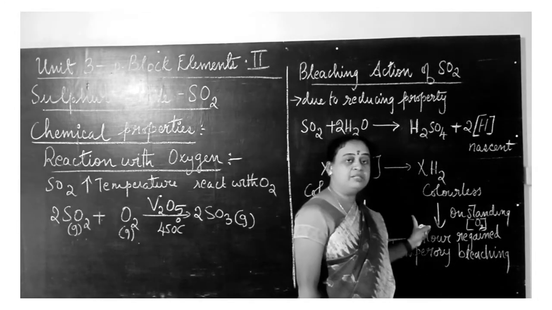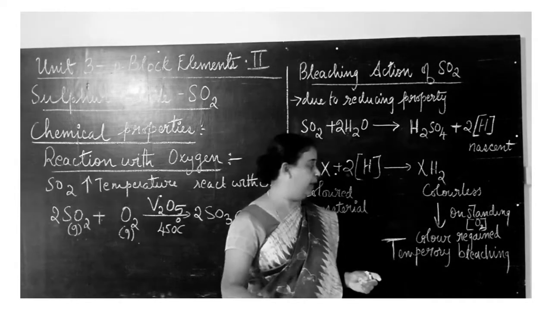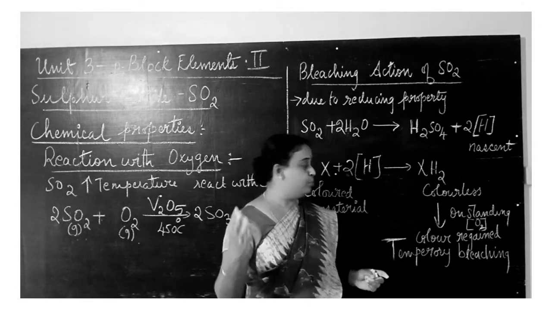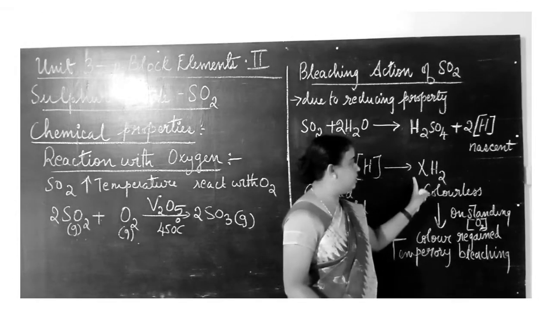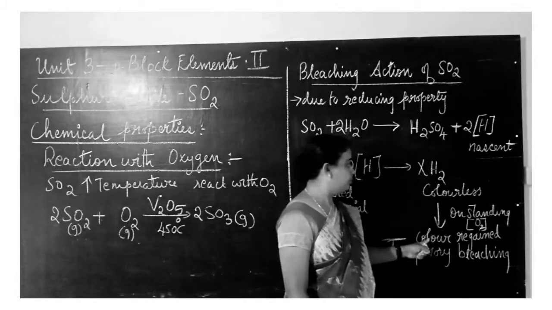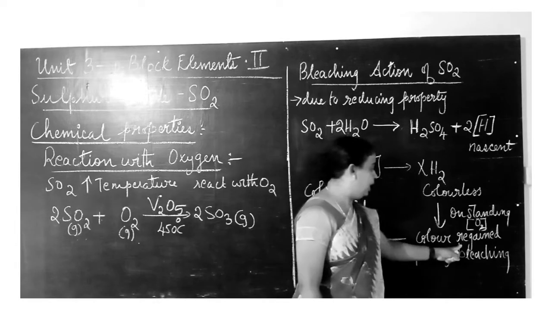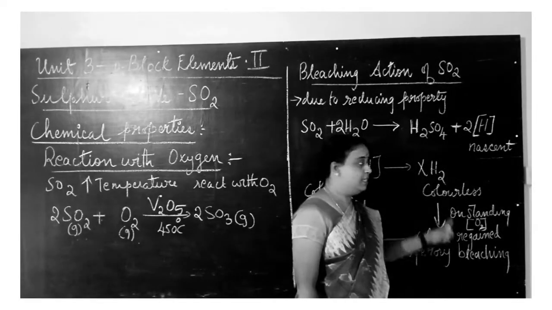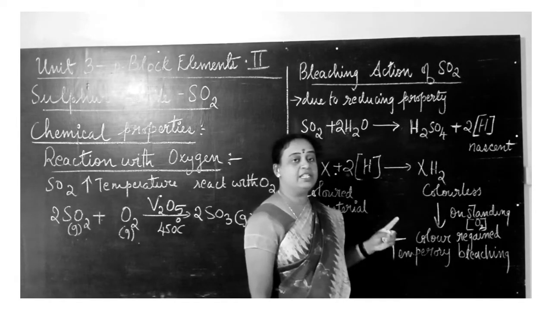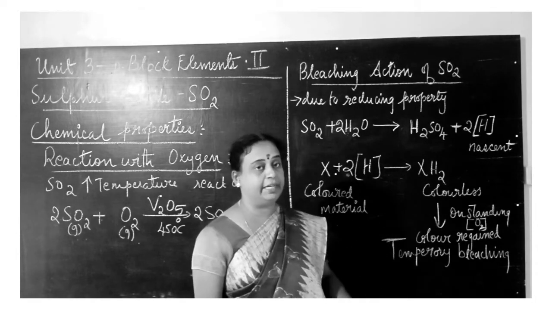Now this colorless material, on standing for a long time in the air, the atmospheric oxygen reacts with this XH2 and it regains its color. So this bleaching action of sulfur dioxide is a temporary bleaching. That means the color is not retained.